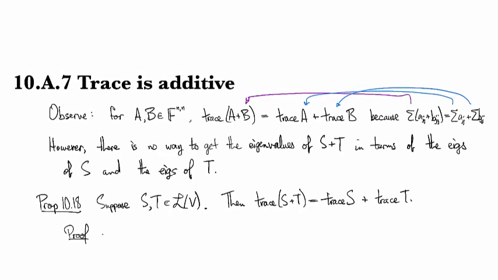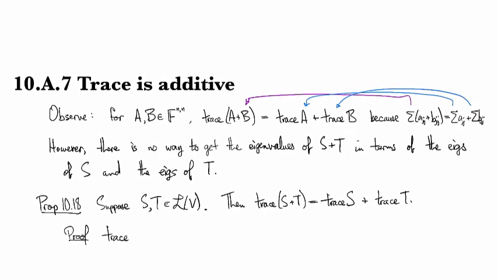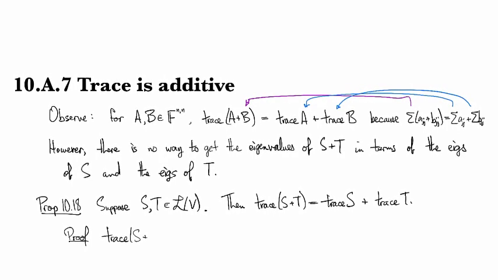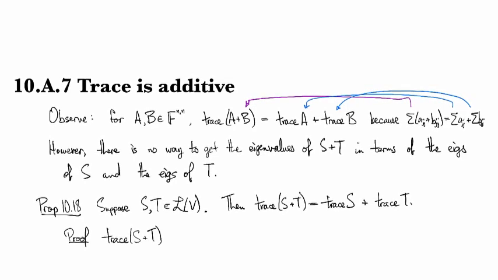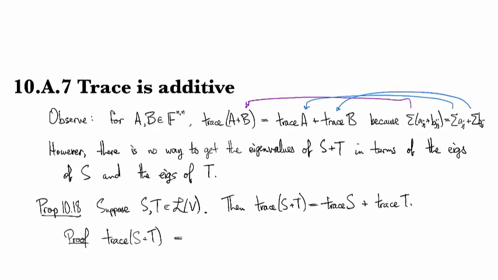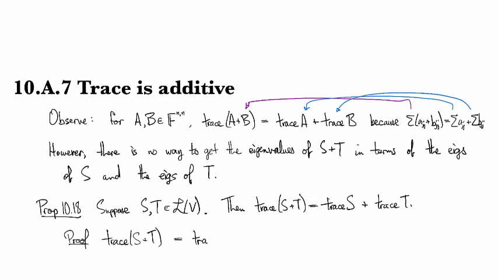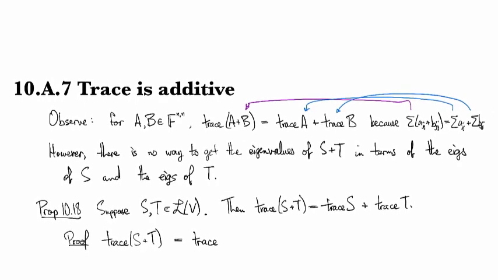Okay, so for the proof, it's a straightforward computation with the tools that we've collected. So the trace of S plus T is equal to, and we just convert everything into matrices where life is simple, and then come back.